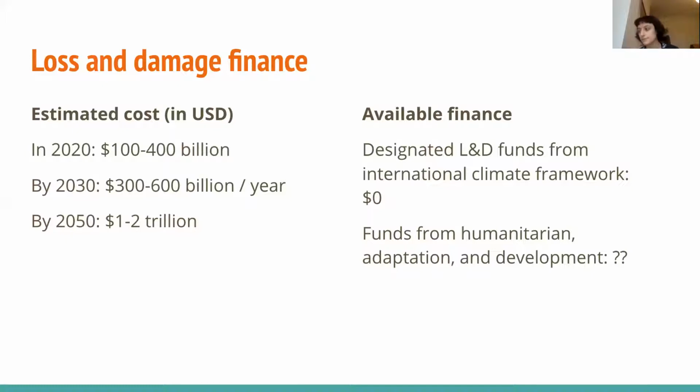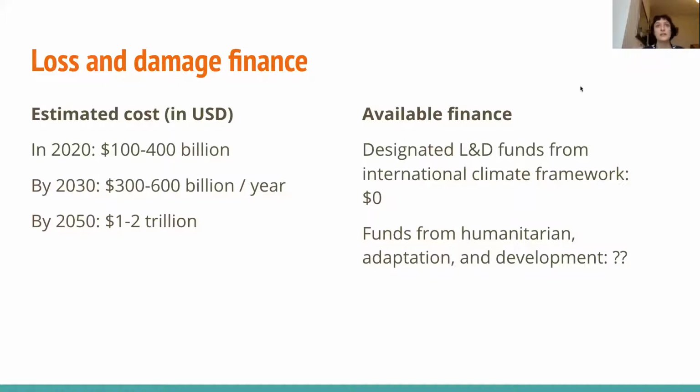But considering that we've already experienced 1.2 degrees of warming, I'm not that optimistic that we're going to avoid loss and damage at this scale, and so we need to be looking at addressing it.